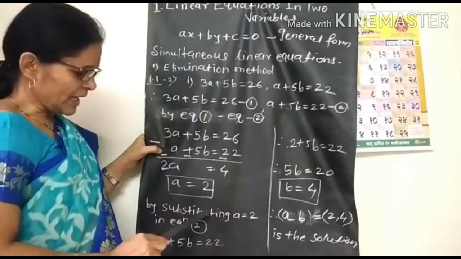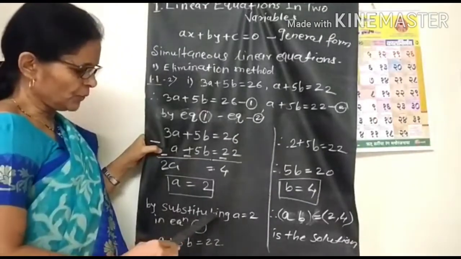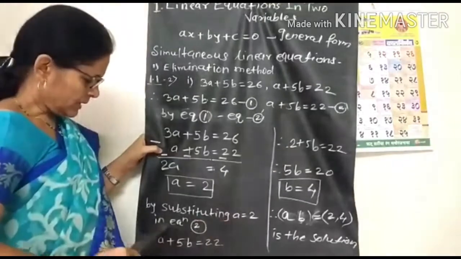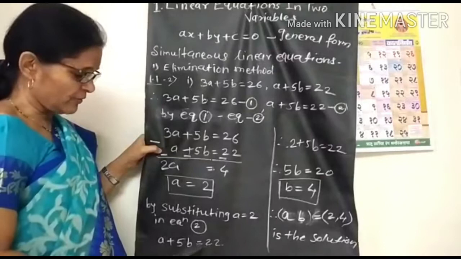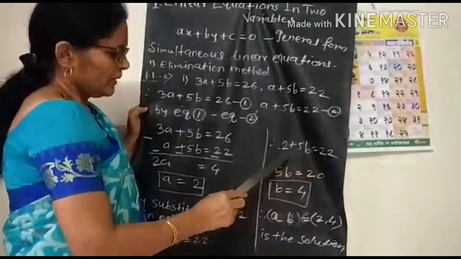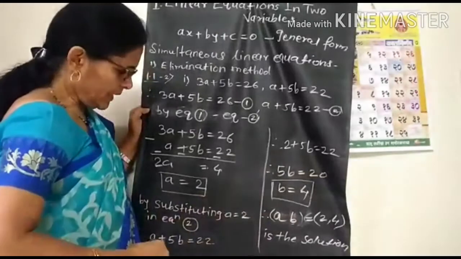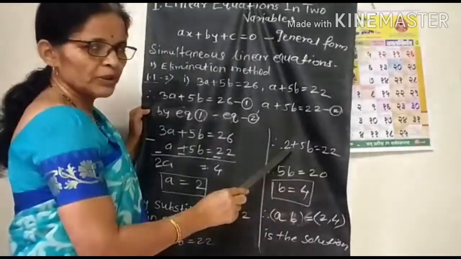If you find it difficult to write substituting, spelling, you can write putting. Substituting a equal to 2 in equation 2. So write first equation 2, a plus 5b equal to 22. Now place the value of a. What is the value of a? 2. 2 plus 5b equal to 22. Here 2 is plus.